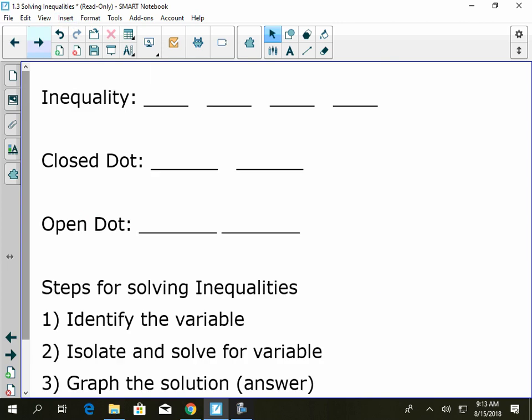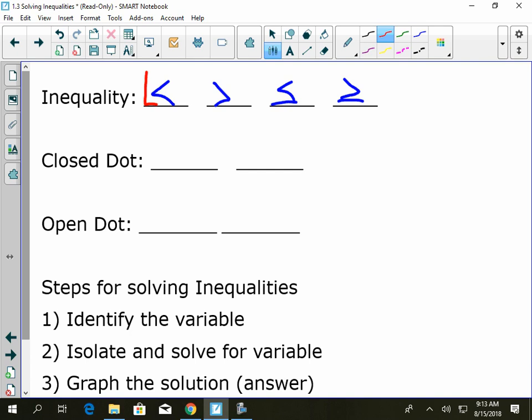Okay, so we're going to talk about inequalities. What's an inequality? An inequality looks like this. Anybody know what this is? How do I say this right here? That's less than.